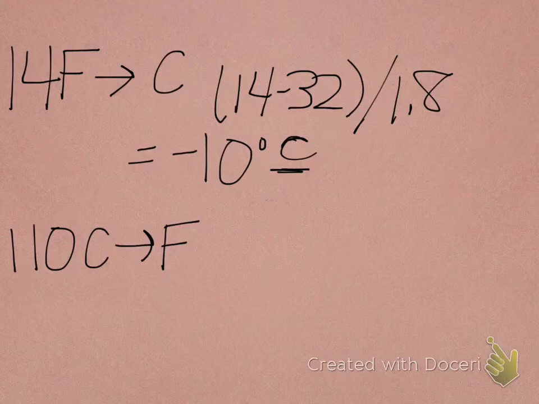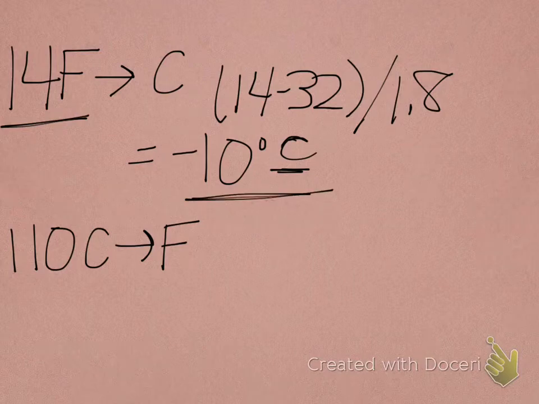But your perception of Celsius is going to be off for a while until you're used to reading these numbers and recording these numbers. So one way to think about it is 14F to us is very cold. So with the equivalent being negative 10 Celsius, it's a negative number. Anytime you have a negative number in terms of temperature, it's going to be cold.